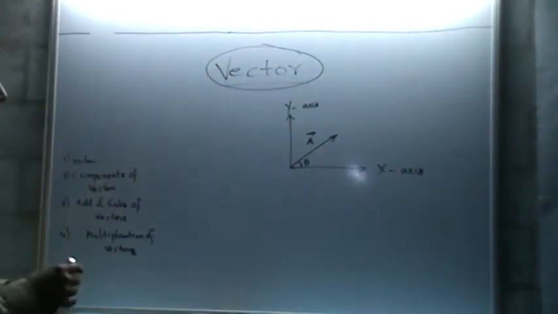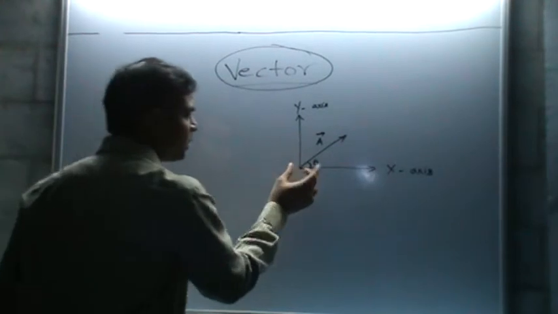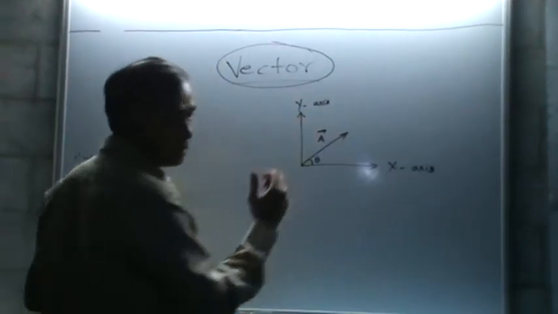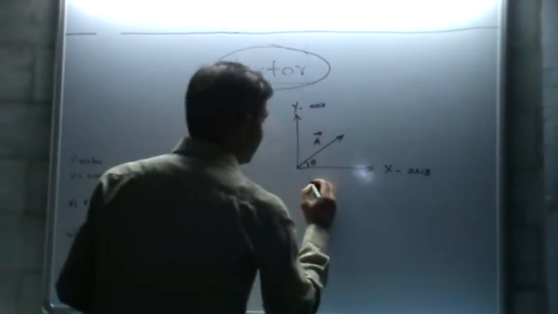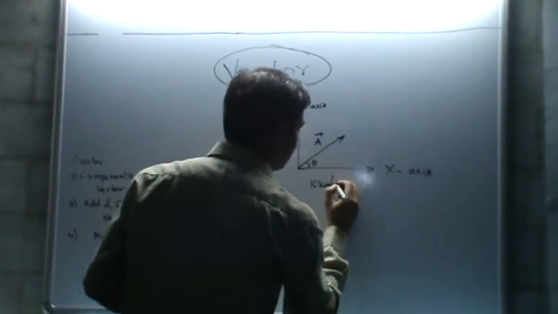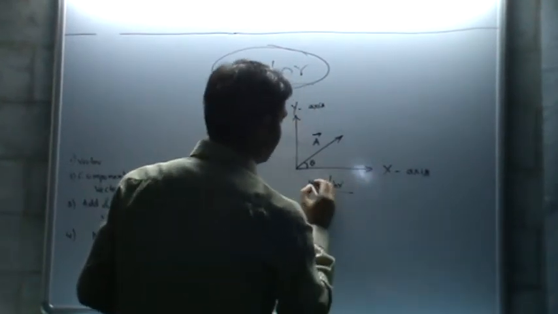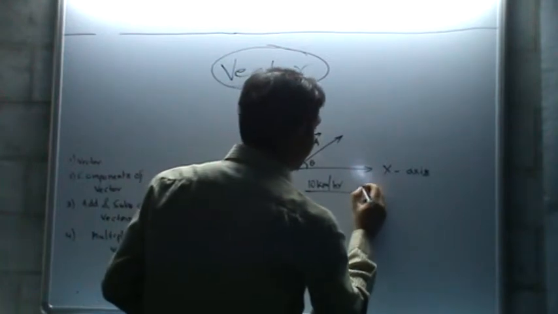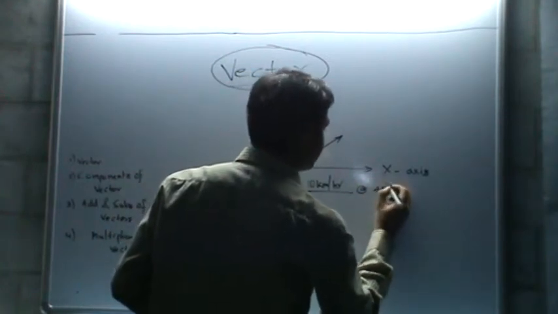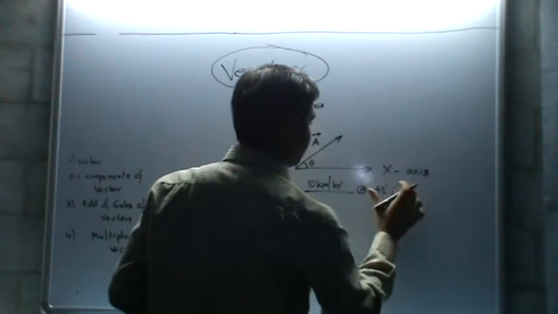Now what happens? Suppose a car moves in this direction at a speed of 10 km per hour, at an angle of 45 degrees.